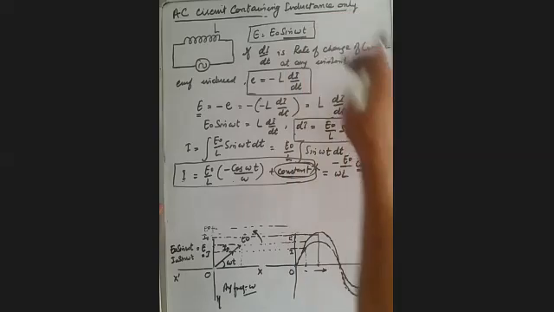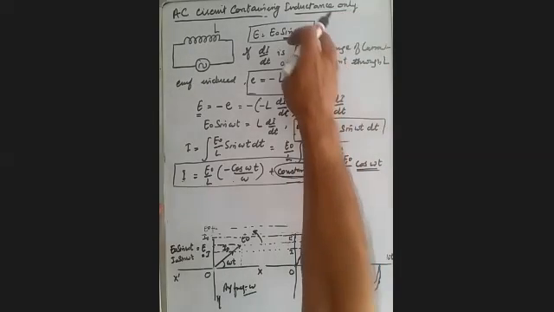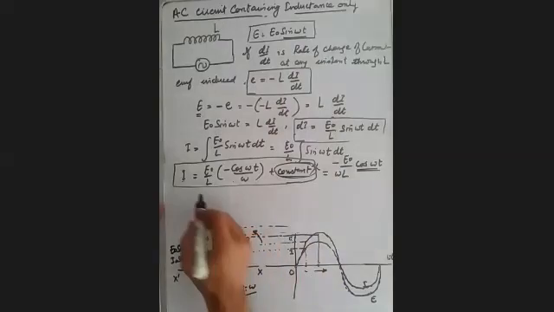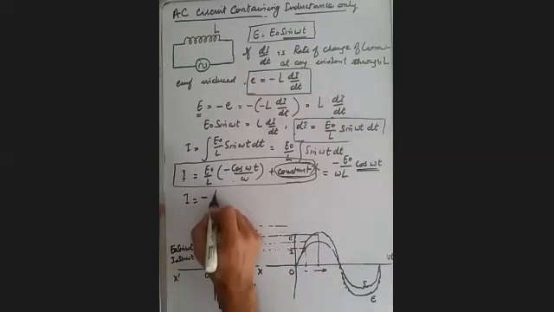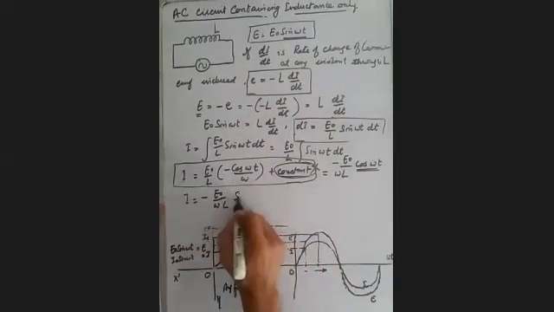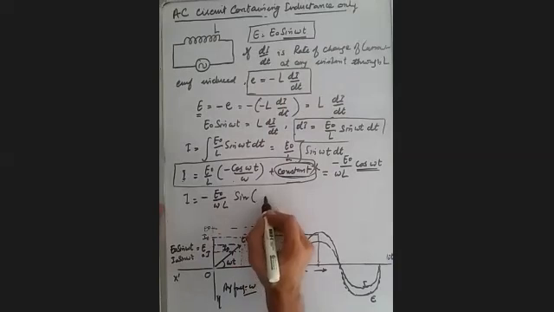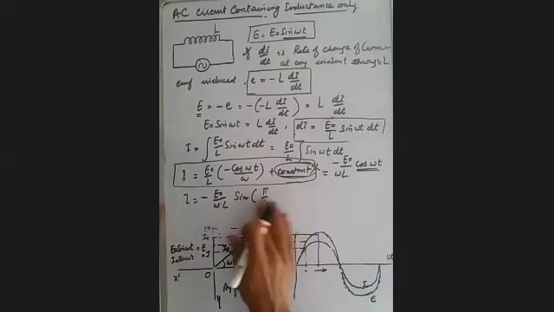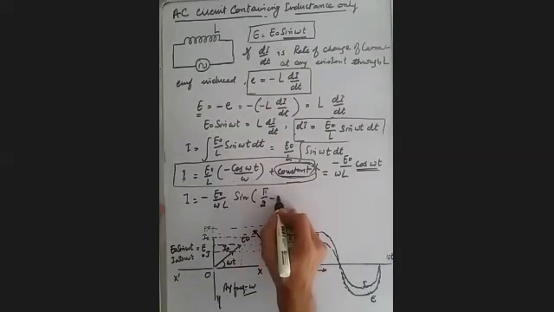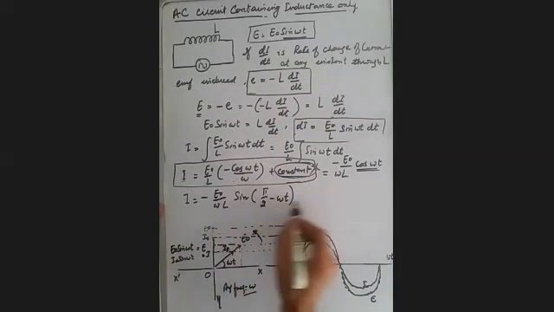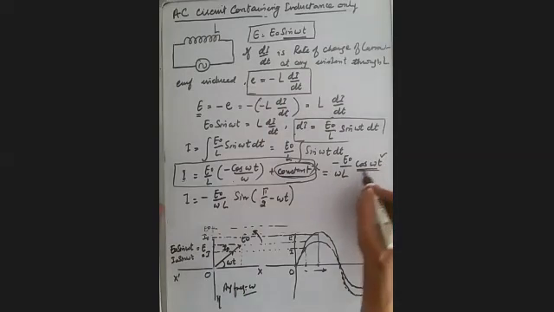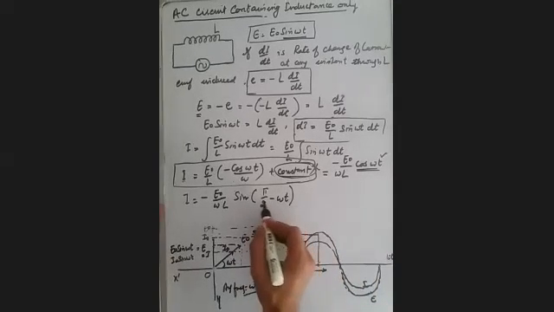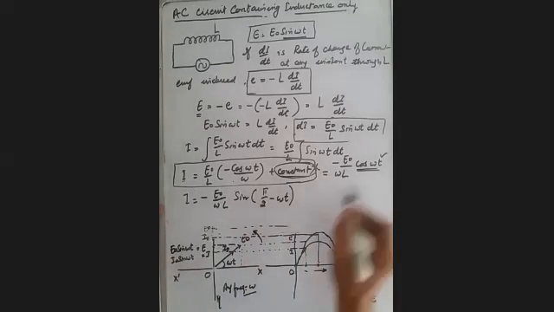Now for comparison, we need to bring it in the same form as E. So changing this, what we get is I is equal to minus E naught upon omega L, and cos omega t can be written as sine pi by 2 or 90 minus omega t. So we can change cos, because sine pi by 2 minus omega t is also cos omega t. Because this is in first quadrant and sine is positive in first quadrant, so we'll get positive.